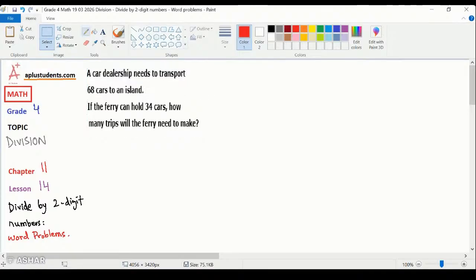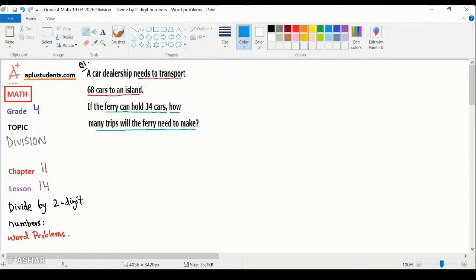This is the question given. Question number 1. A car dealership needs to transport 68 cars to an island. If the ferry can hold 34 cars, how many trips will the ferry need to make?